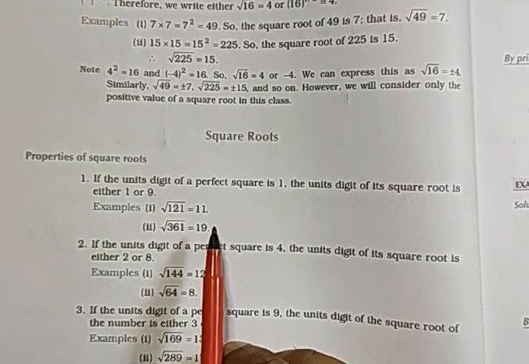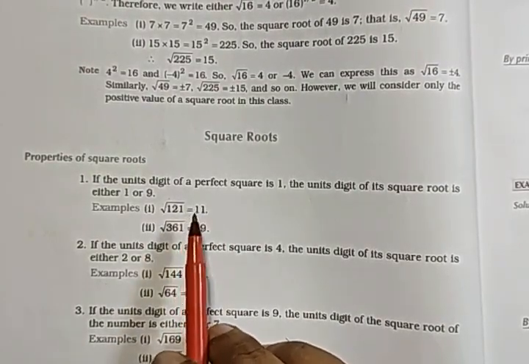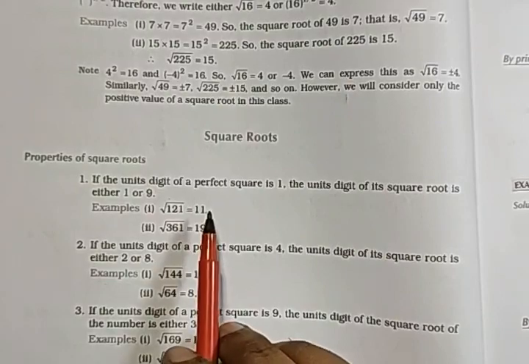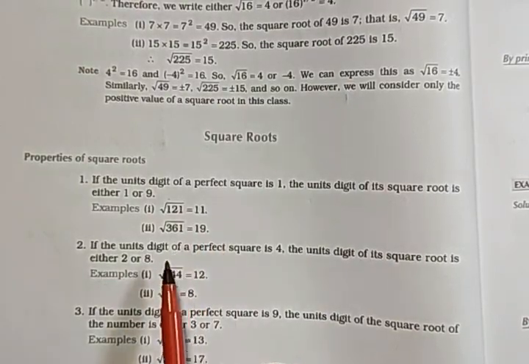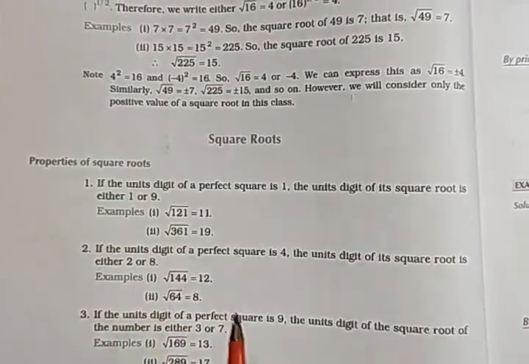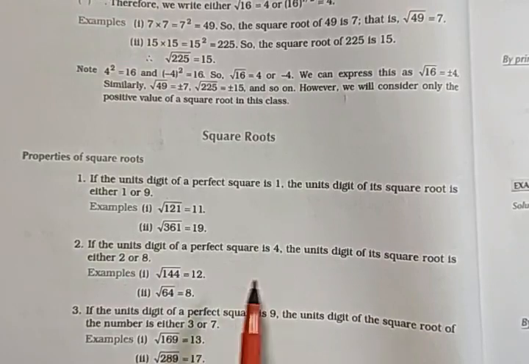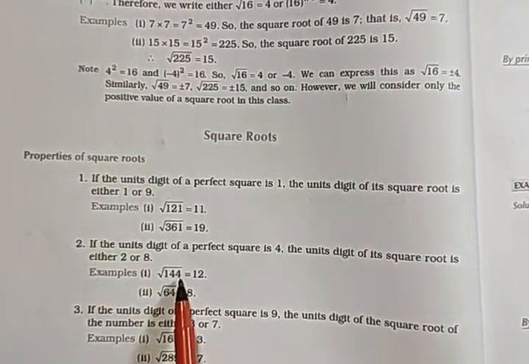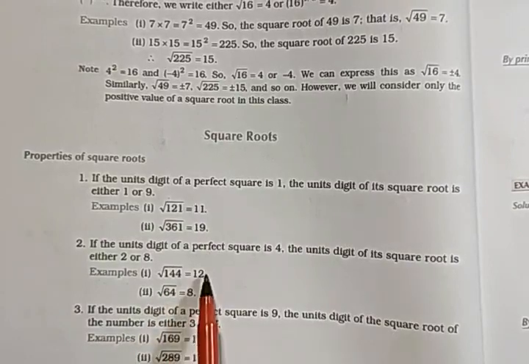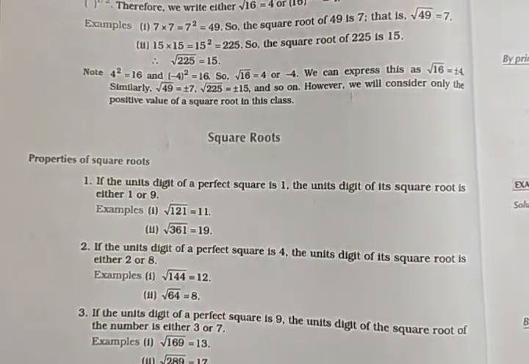So whichever perfect square ends with 1, the root of that number will have either 1 or 9 in its ones place. Then, if the units digit of a perfect square is 4, the unit digit of its square root is either 2 or 8. Remember these things.